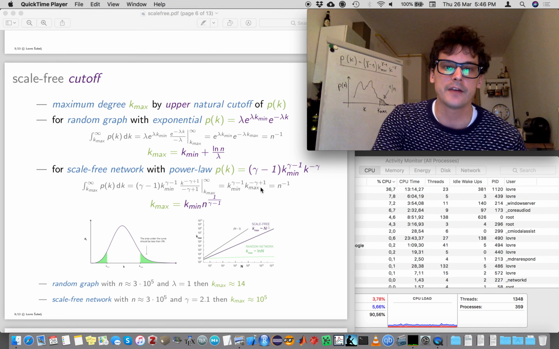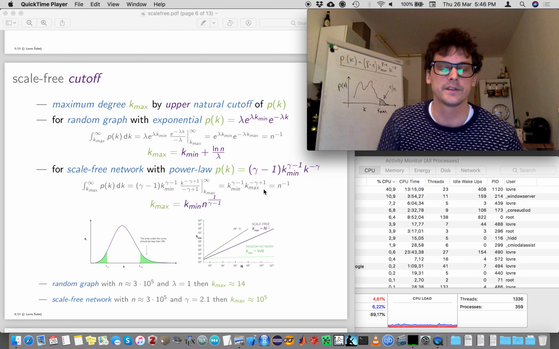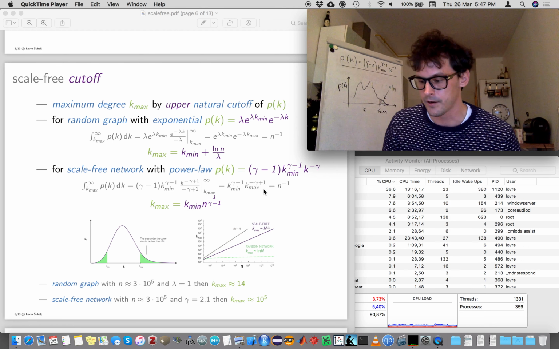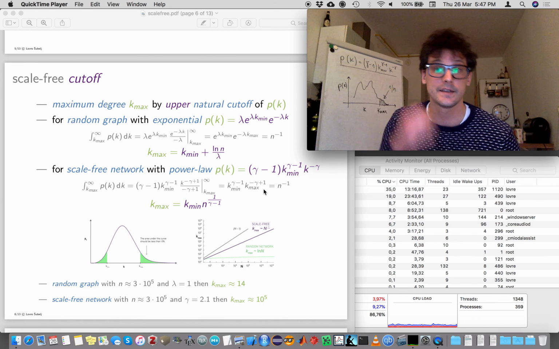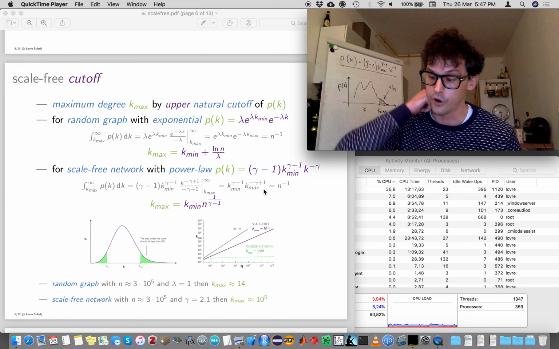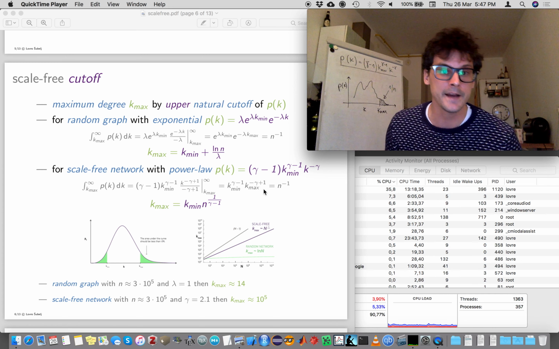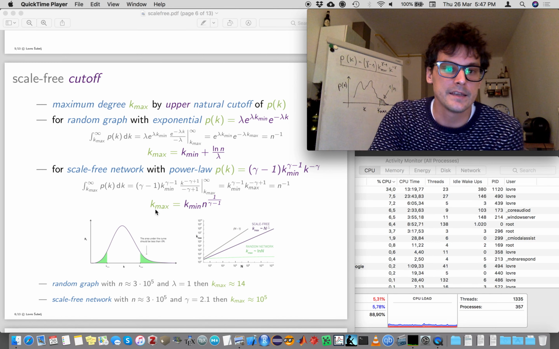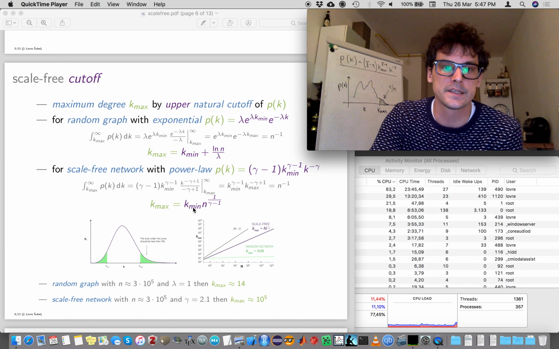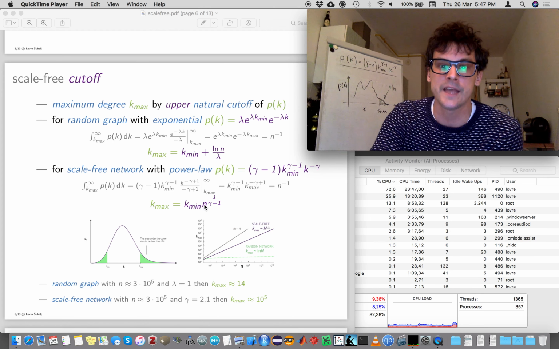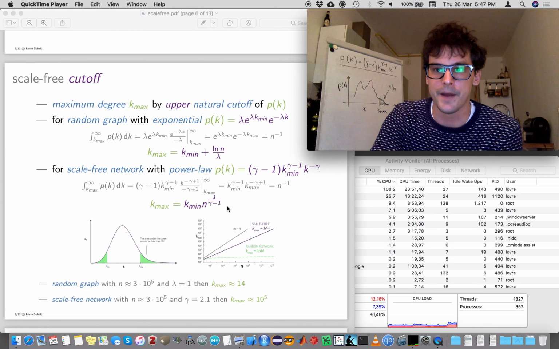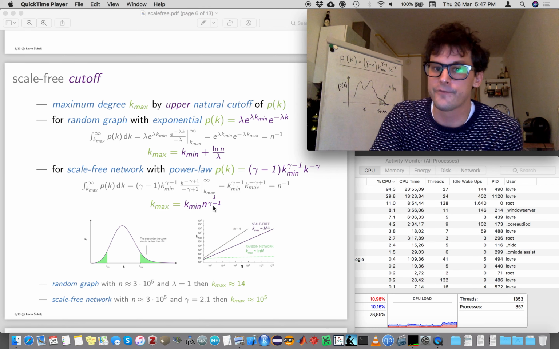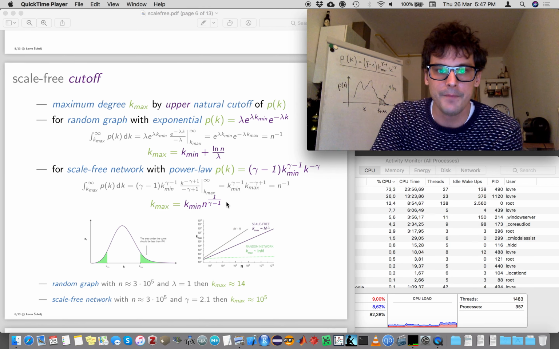Now, again, to isolate k sub max, we set both sides of the equation to the power of gamma minus 1 and isolate k sub max, and what we get is that k sub max equals k sub min times n to the power of 1 divided by gamma minus 1. Now, this exponent will of course depend on gamma.